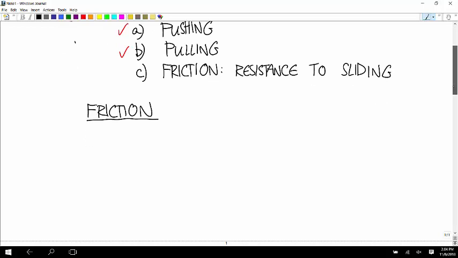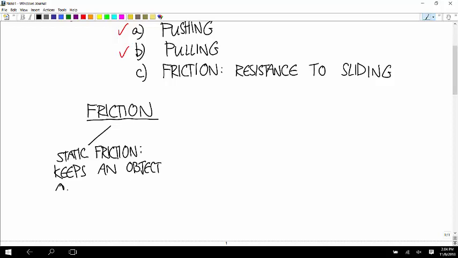So one type of friction is called static friction. And that's the friction that keeps an object from starting to move. So it keeps an object at rest from starting to slide.